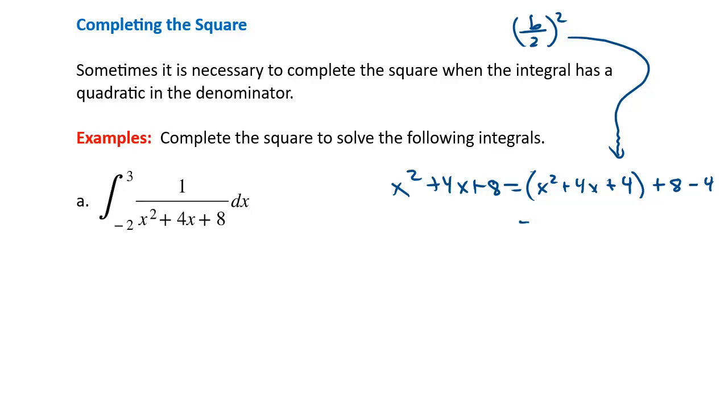But this enables us to write this as x plus 2 squared, and then 8 minus 4 is plus 4. Okay. So now we've got x plus, I forgot to put the square on there.